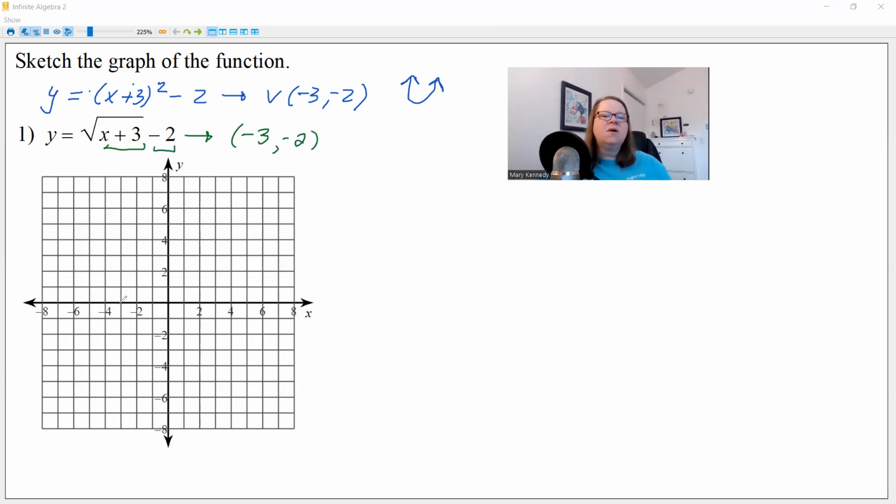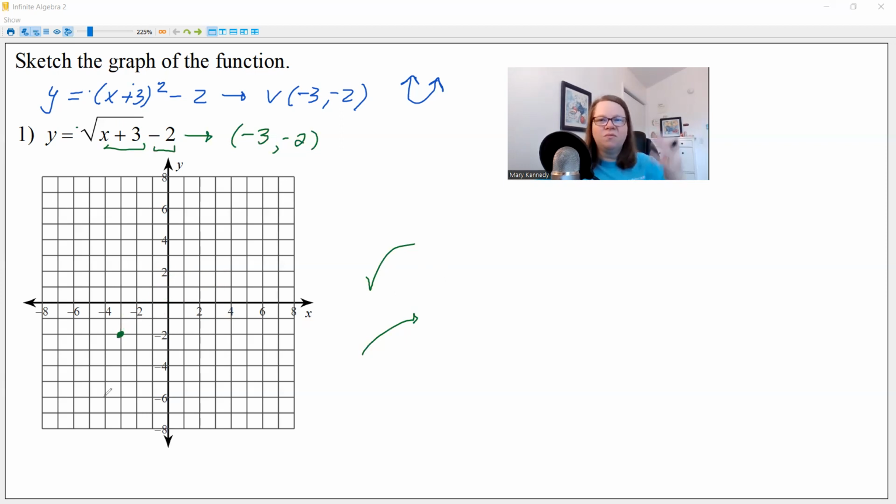So notice that our jumping off point is the same: -3, -2. We don't have a negative in front. A square root function looks a lot like a square root symbol. So something like this, something like this, right? We know it's in some way that shape.